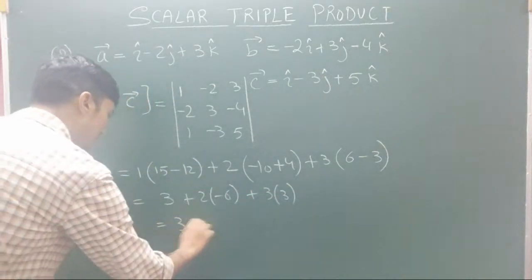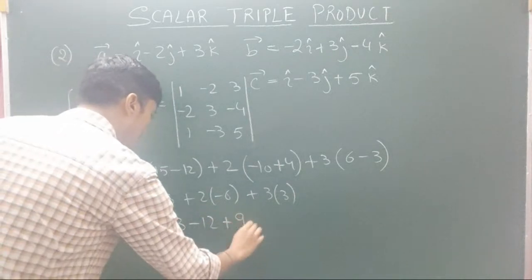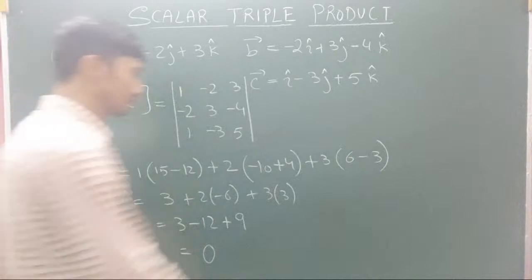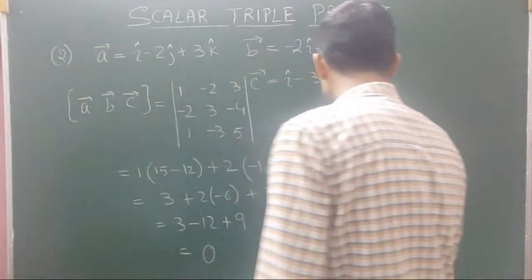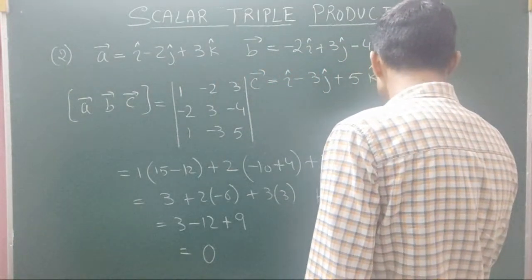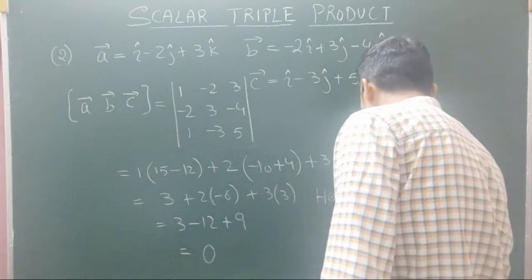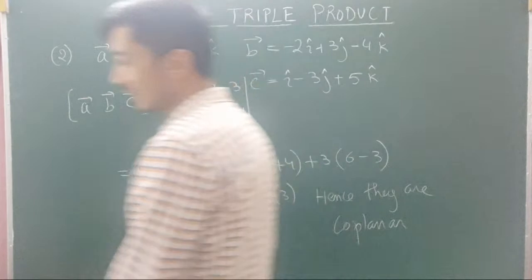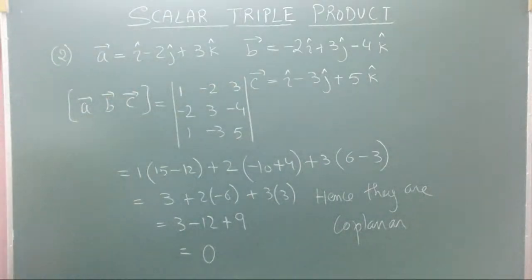So that's like 3 minus 12 plus 9. So definitely 9 plus 3 is 0. So this is also 0. Hence, in conclusion, they are coplanar. Not a difficult job.